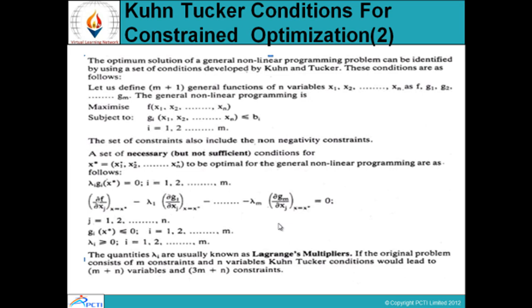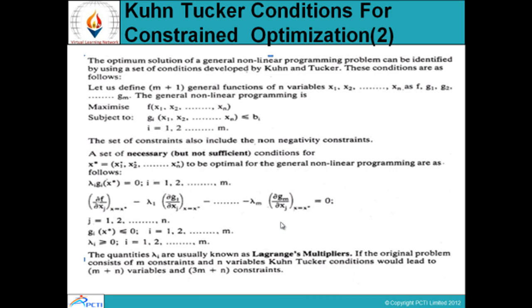Lambda i gi(x) equal to 0, i equal to 1, 2, 3, 4, 5, and so on up to m. So ∂f upon ∂xj equal to minus lambda 1 ∂g1 upon ∂xj, minus ..., minus lambda m ∂gm upon ∂xj, and j equal to 1, 2, 3, 4, 5 and so on, and gi(x) less than or equal to 0, i equal to 1, 2, 3, 4, 5 up to m, and lambda i greater than or equal to 0, i equal to 1, 2, 3, 4, 5 up to m.